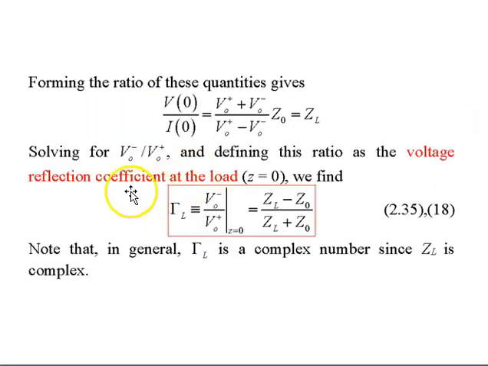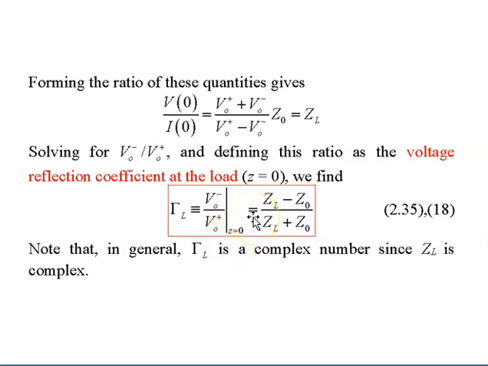Now we can solve for V0 minus in terms of V0 plus by applying the boundary condition. Solving for V0 minus over V0 plus and defining this ratio as the voltage reflection coefficient at the load, we get this symbol here. This symbol represents the reflection coefficient at the load, equal to V0 minus over V0 plus at z equal to 0.